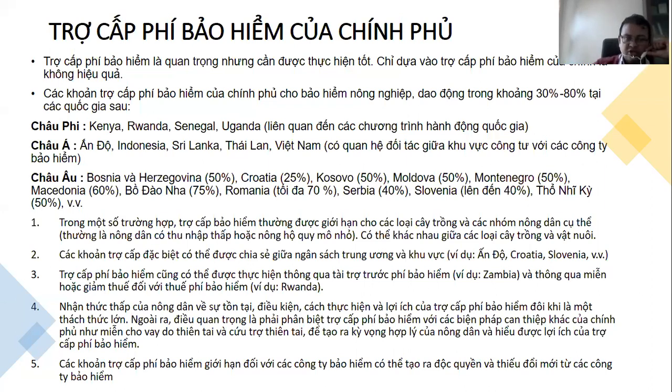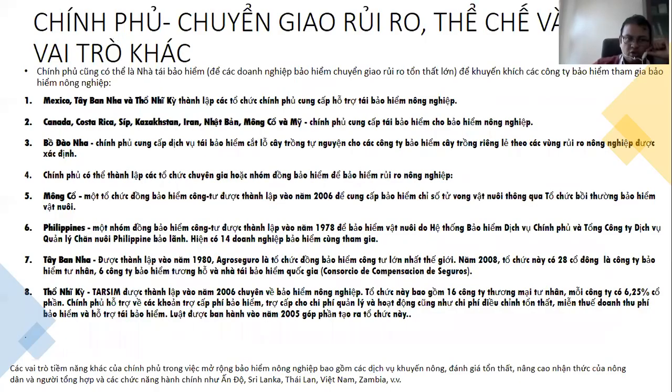Moving to the next slide on some of the other roles that government can play. This is specifically related to the roles on risk transfer, and also related to institutional setup and other roles.